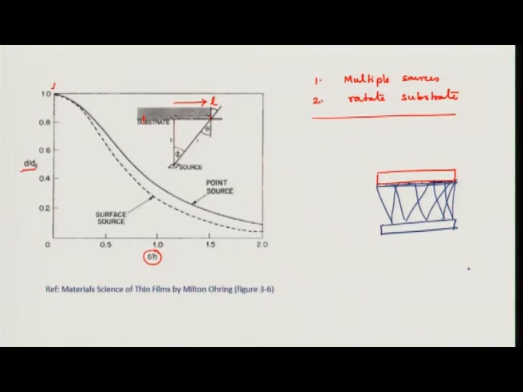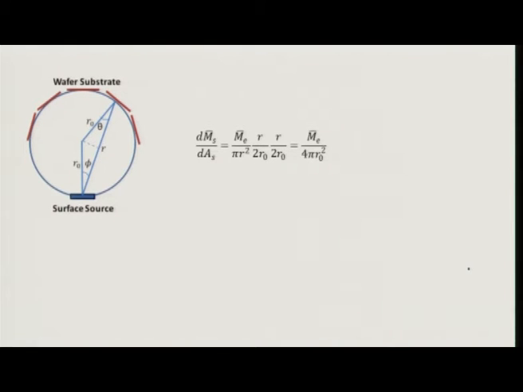a large area. Another, there is a unique way to solve this, but this is a lab scale solution where we often use multiple wafers. If we use multiple wafers and keep them in a geometry which is called planetary arrangement, then to a large extent we can avoid this non-uniformity issue.